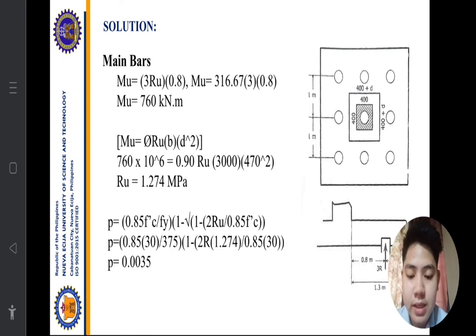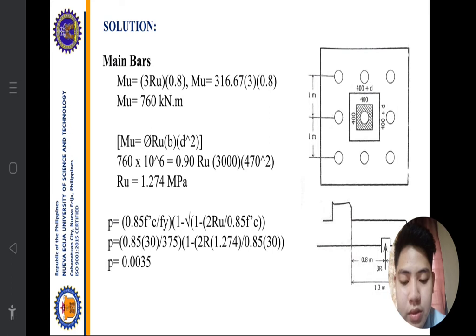Proceeding with rho, we have an equation of 0.85 f'c over fy times 1 minus square root of 1 minus quantity 2Rn over 0.85 f'c.